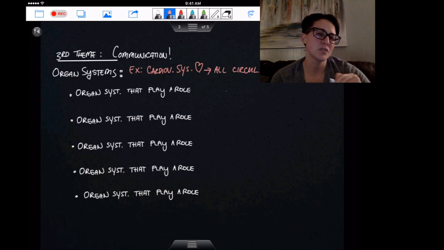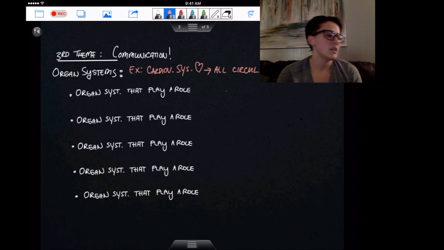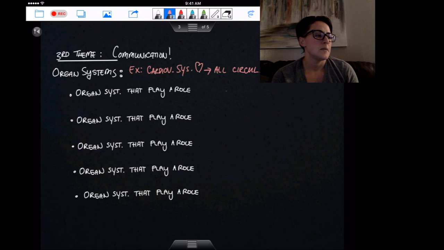What's extracellular fluid made up of? Go back and look at that last page if you've taken notes. It's made up of what? Blood plasma and interstitial fluid. Okay. All right, so our organ systems. I've listed here organ systems that play a role in homeostasis.